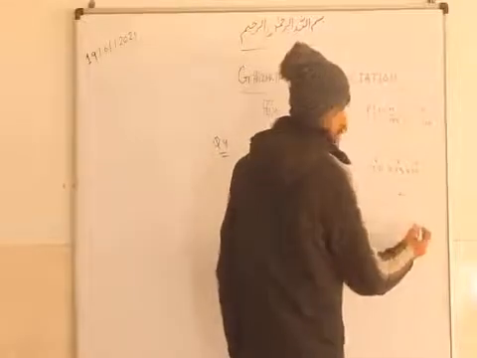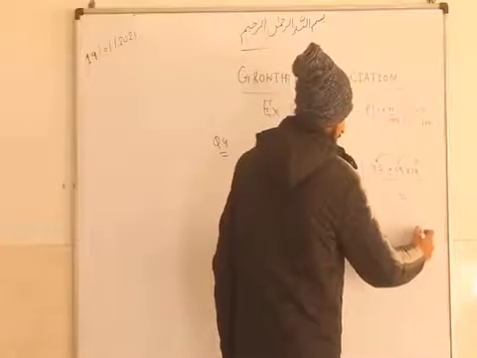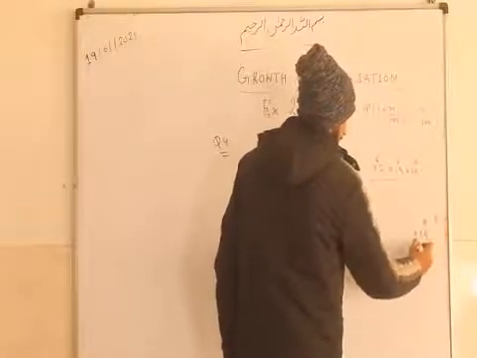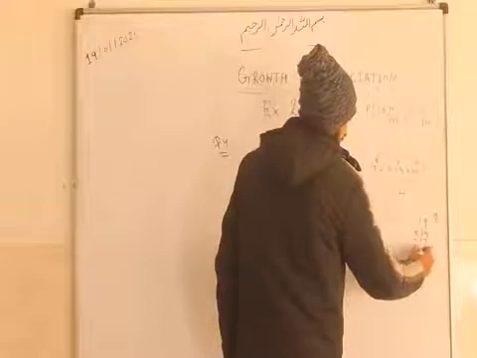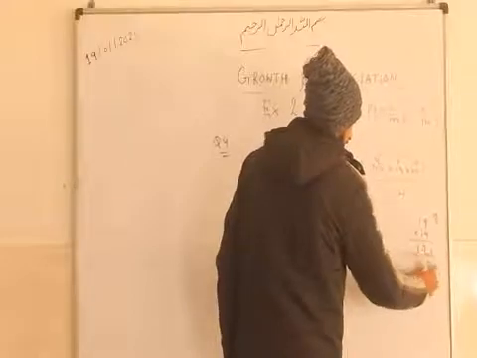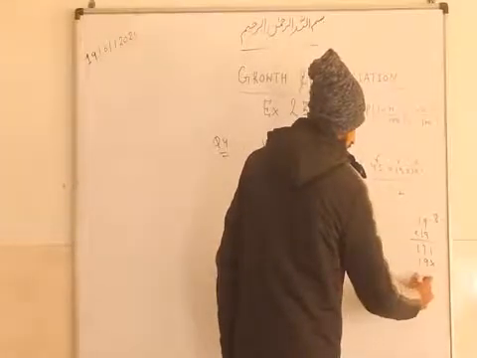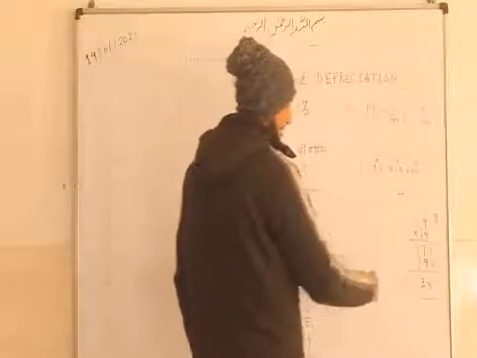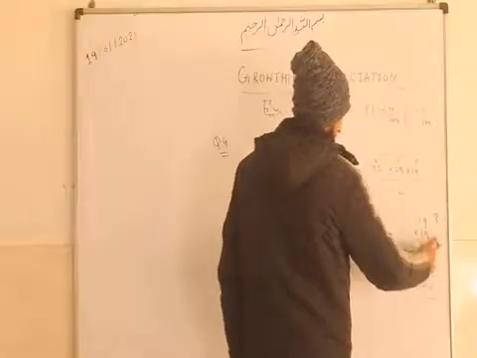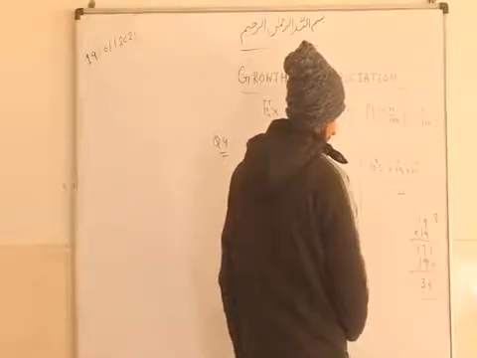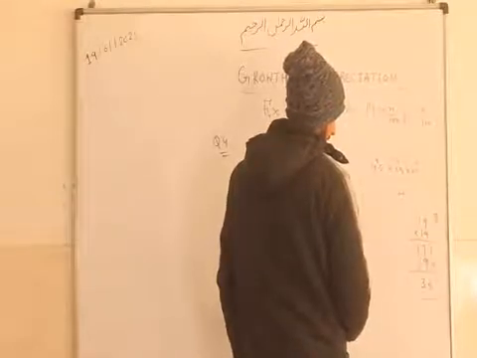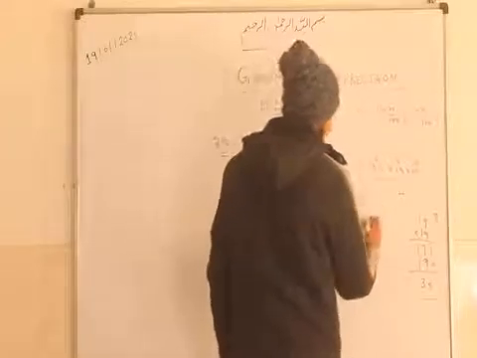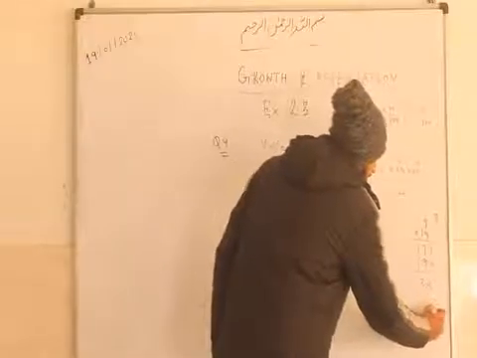So 19 square is 361. Then we multiply this by 45.